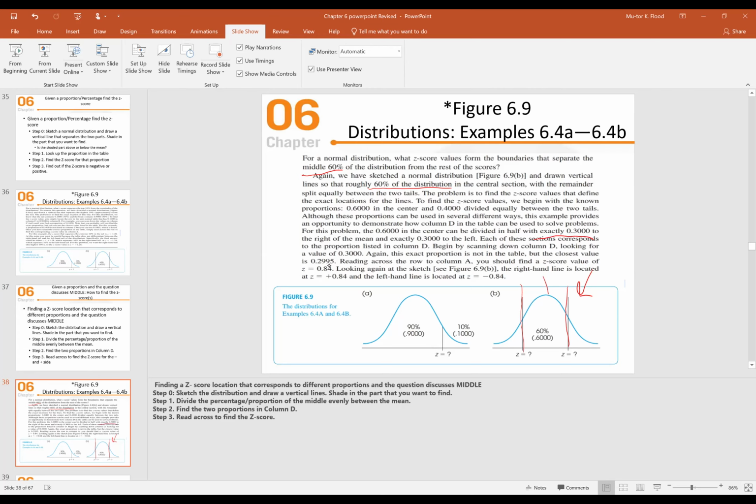Here's the mean: 30% of this is on this side of the mean, and the other 30% is on the other side, or 0.30. So we're going to go to column D and look up the proportion that is closest to 0.3000, or 30%. Let's go to the table and see what that is.